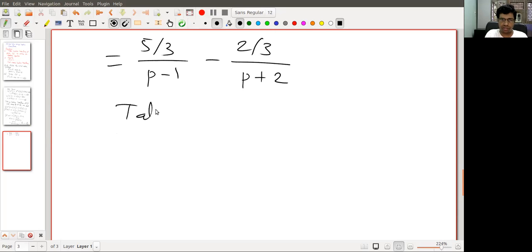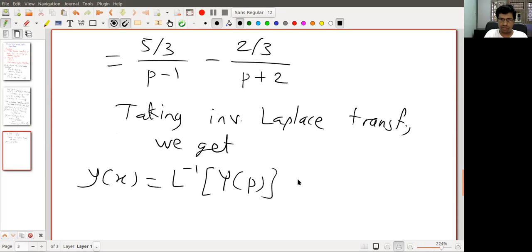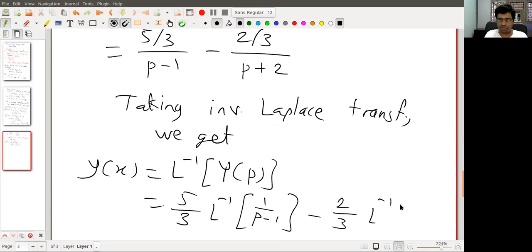Taking inverse Laplace transform, we get y of x. Y of x means L inverse of Y of p, which is equal to L inverse of right hand side. Again, L inverse is also linear operator, so this is 5 by 3 L inverse of 1 upon p minus 1 minus 2 by 3 L inverse of 1 upon p plus 2.